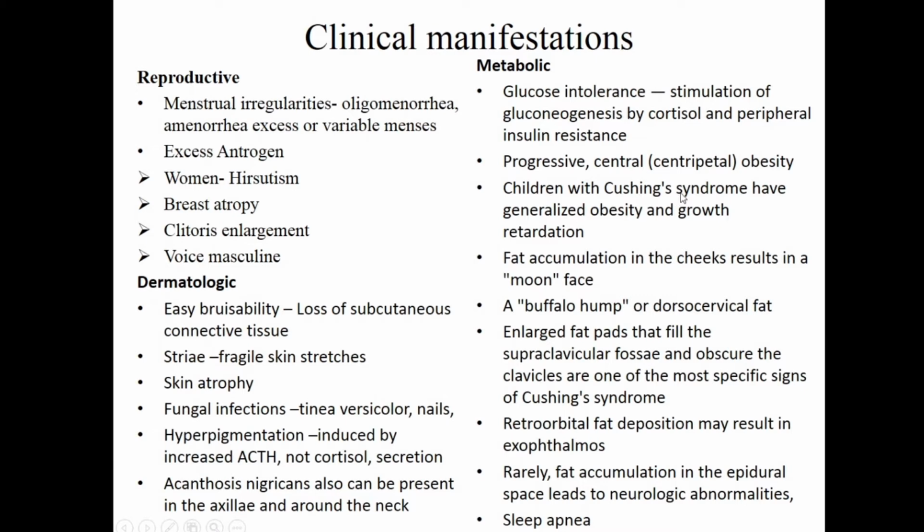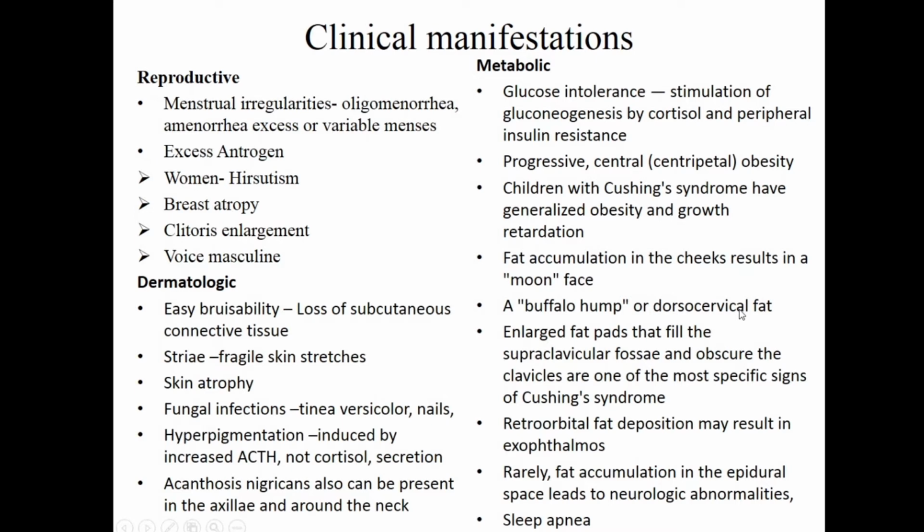Patients with Cushing syndrome in children, one of the most important presentations that they have is growth retardation. Fat accumulation in the cheeks and in the temporal area, there will be fullness of the cheeks in the temporal area. This is known as the moon face. The buffalo hump, or the presence of fat in the dorso-cervical region, that means in the upper back and in the neck region.